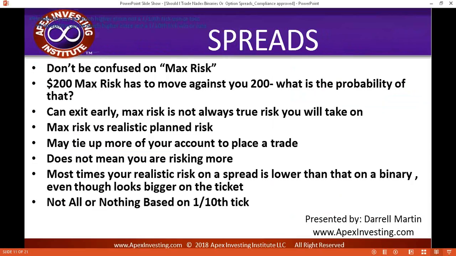What's the probability of you letting that happen without exiting early? Now, granted, you might tie up a little more funds in your account to place a spread trade sometimes than you would a binary trade. But it doesn't mean you're risking more. In fact, most times your realistic risk on a spread is lower than what it would be on a binary.